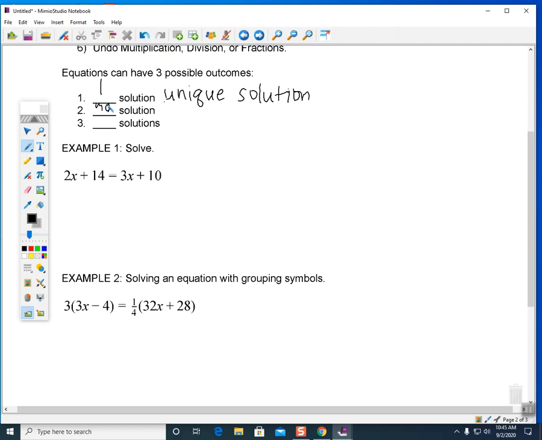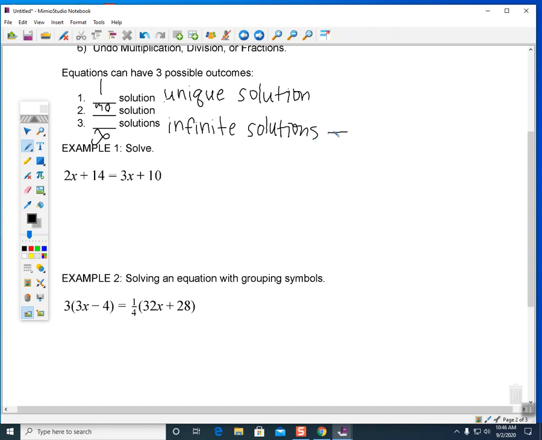The last one is I can have infinitely many solutions. Infinite solutions is my third option.